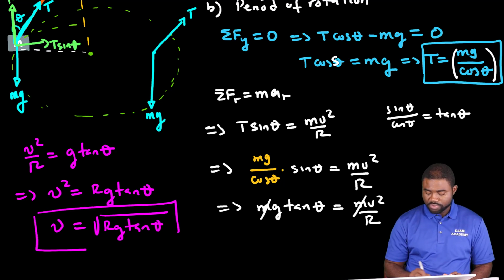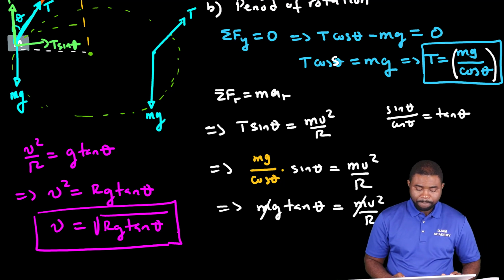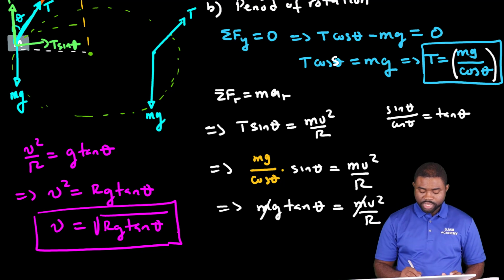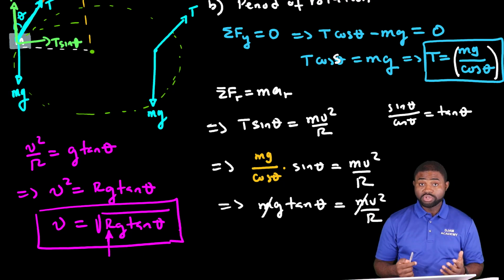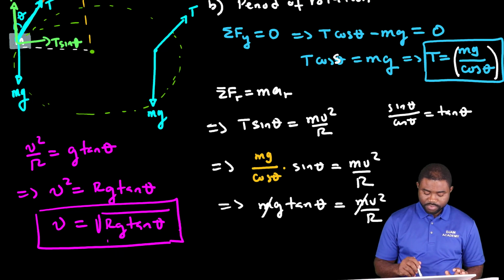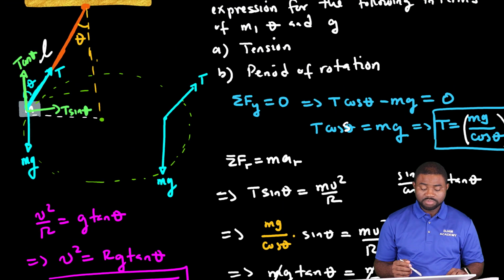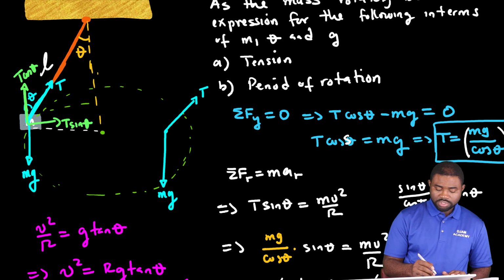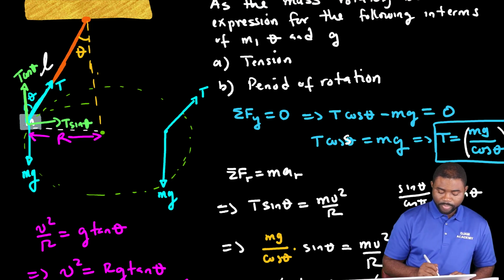You see, this is a good expression, but I really don't like it. Why? The reason is because we have a variable in this expression that we don't know, the radius of the circle. If this was an experiment, I would like to express v in terms of what I know. Now, if you look at this diagram, this is r, this distance from here to here.